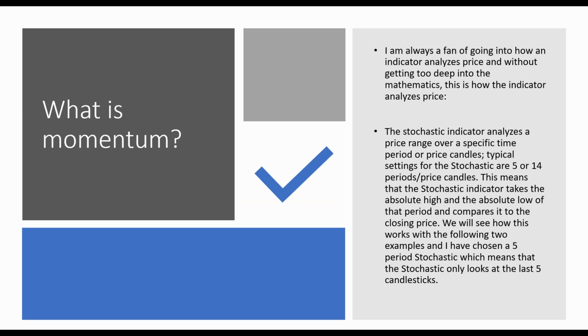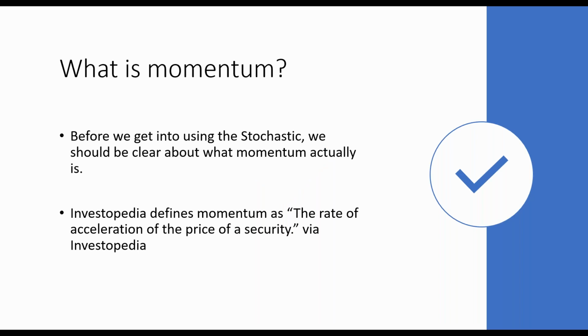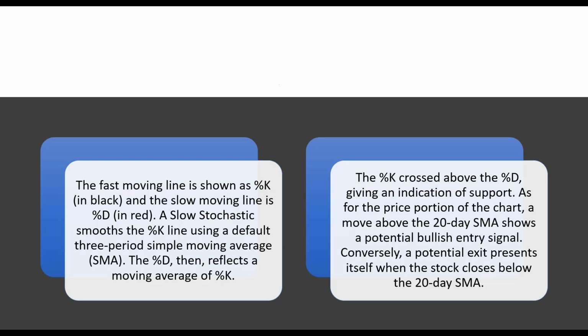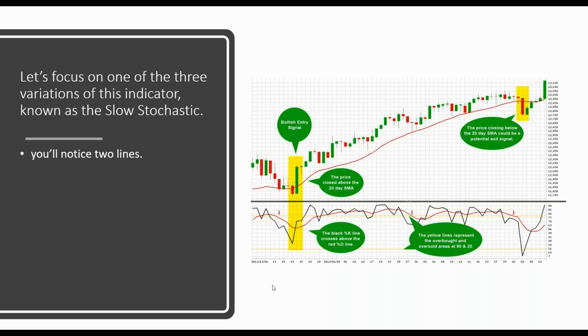So when we get these numbers and we've added together and divided and come up with the %D and the %K, we can then place these on our charts. So as you can see here, you'll notice we have two lines.